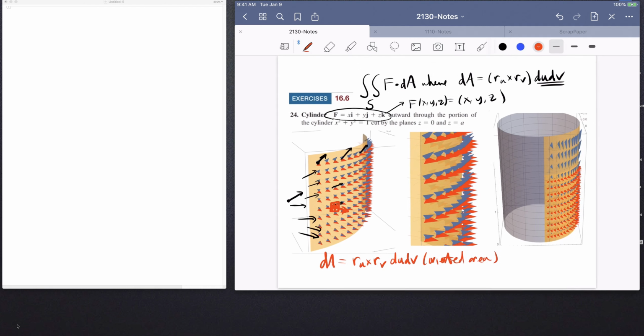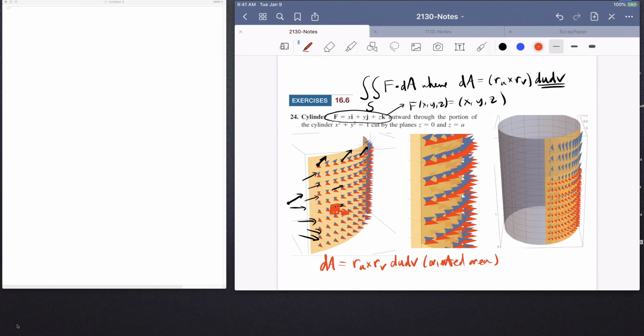So if we're going to do the flux integral, this surface integral of a vector field is also called a flux integral. If we're going to compute this flux integral, we first need to know which part of the surface we're talking about. We can see that it's the outward portion of the surface cut by the planes z equals 0 to z equals a.